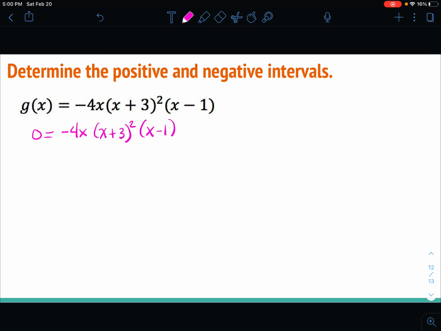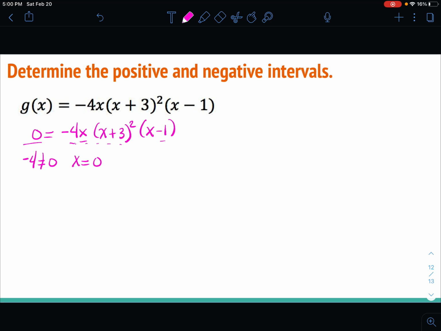Okay, so I put a 0 in for g of x, and now I'm going to use ZPP, zero product property. That means if all of these things multiplied together equal 0, no matter what, one of those factors must be 0. There's no other way to have this be true. So negative 4 equals 0, well, of course it doesn't. So that factor we know is not 0.